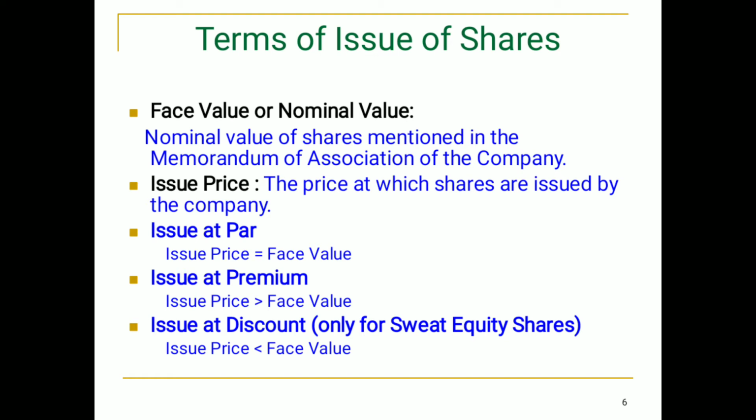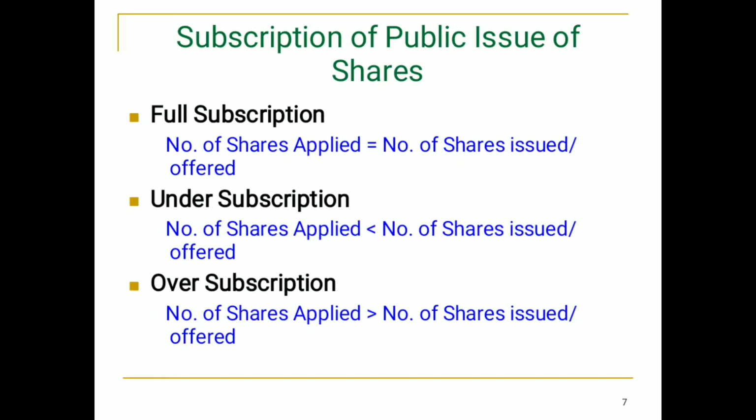What do issue price and face value or nominal value mean? What is the issue of shares at par? Issue of shares at premium. This is not in your syllabus. Issue of shares at discount. Subscription: we understood what full subscription, under subscription, and over subscription are.